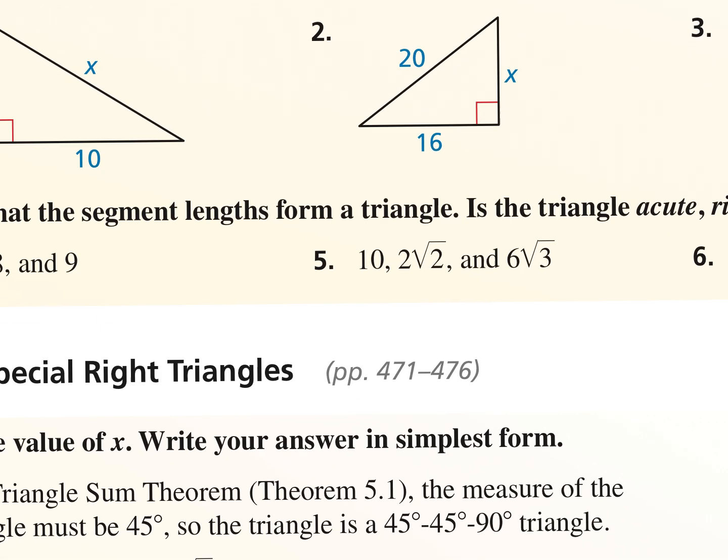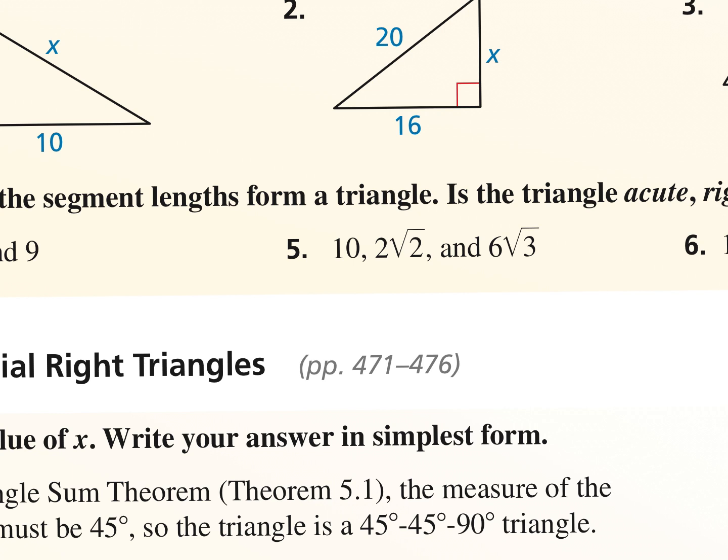So the biggest question that has come up today is everybody's asked me to do number 5. So in order to first check to see if these side lengths on number 5 form a triangle, what we would have to do is figure out which 2 sides are the smallest. So I'm going to multiply 2 times the square root of 2, and this is actually approximately equal to 2.8. Then if I do 6 times the square root of 3, this one's about 10.4.